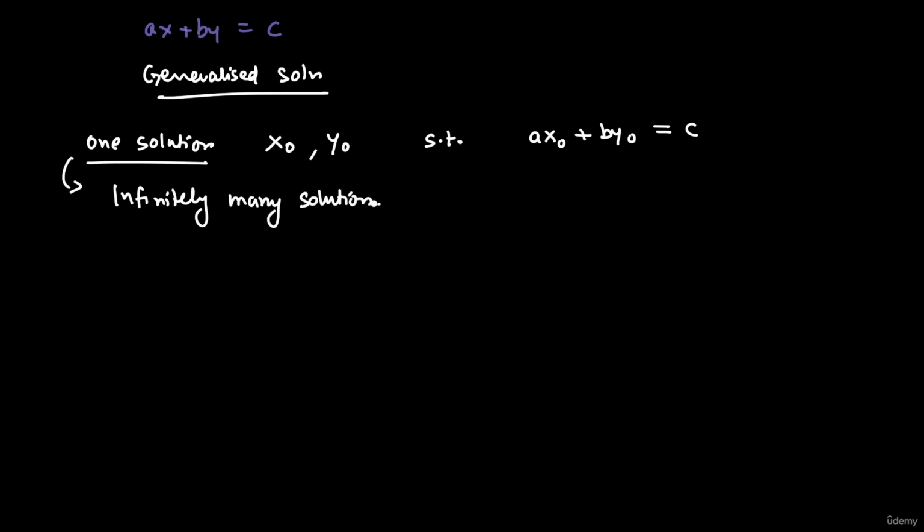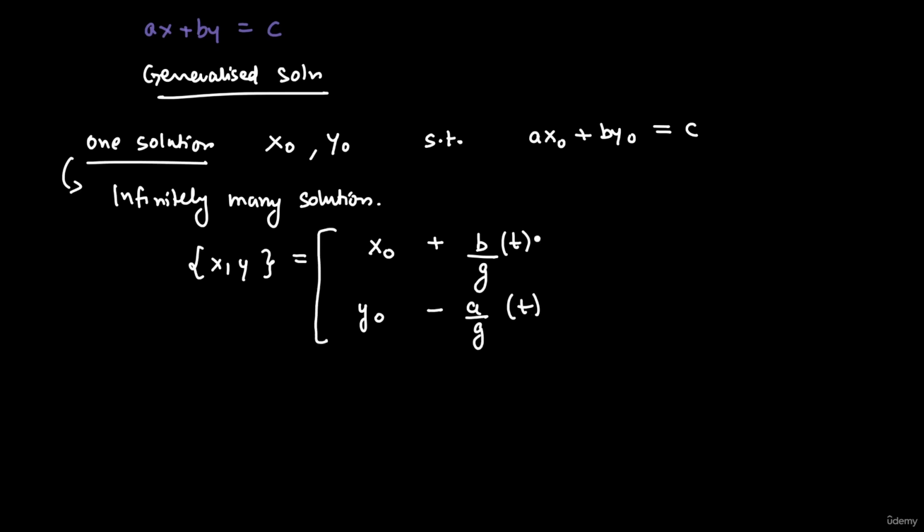So the family of solutions is denoted by, let's say, x comma y. The possible set of values that x and y can take are nothing but x naught plus b by g into t, where t is a parameter, and y naught minus a by g into t. So b is already given in the problem statement, okay? G you can compute.